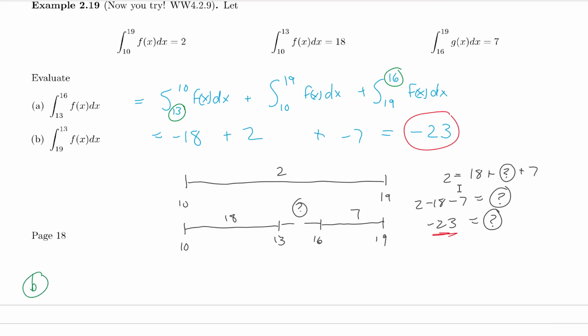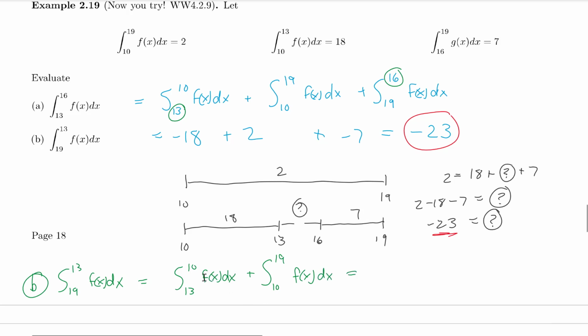Now for part B, we need to do the integral from 19 to 13 of f of x dx. Okay, well, I know that the integral from 13 to 19 is given by the integral from 13 to 10 of f of x plus the integral from 10 to 19 of f of x.